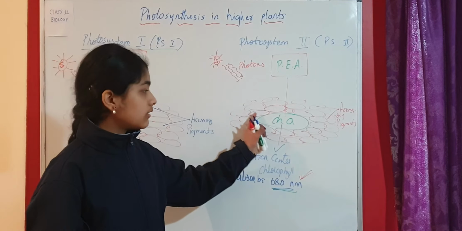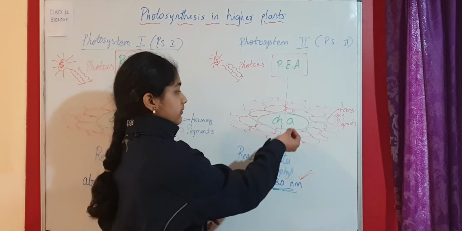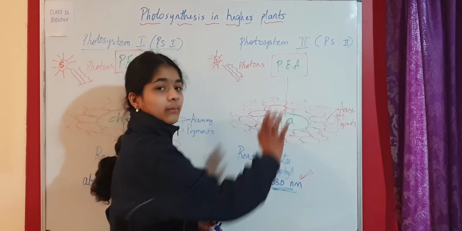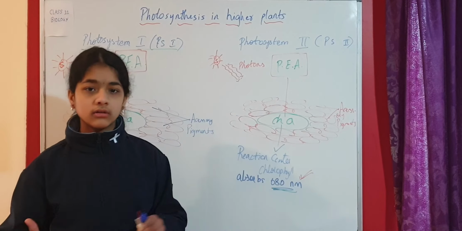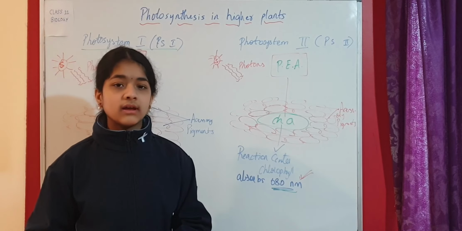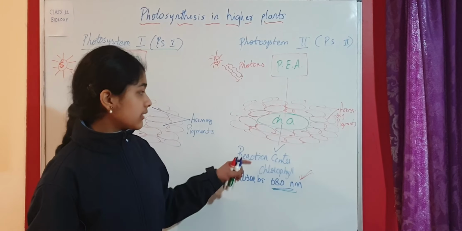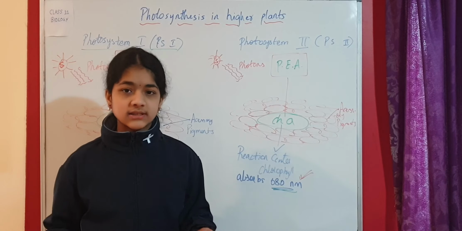Finally it comes to the chlorophyll A, and the electrons in the atoms of chlorophyll A pass on to the primary electron acceptor. Also we have seen that when we isolate one chlorophyll A molecule, the electron goes up, and there is no primary electron acceptor to accept the electrons.